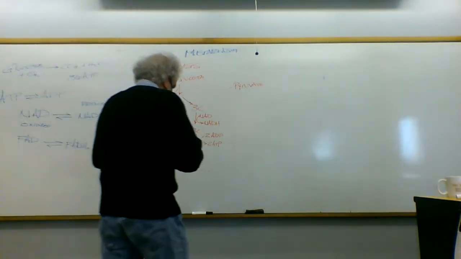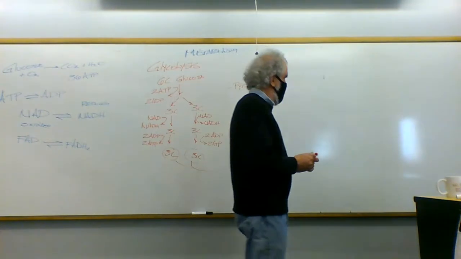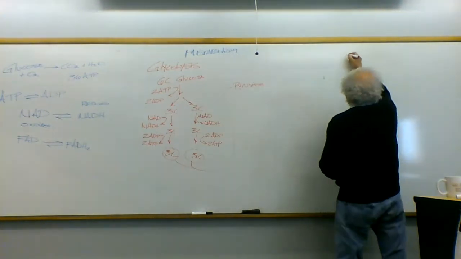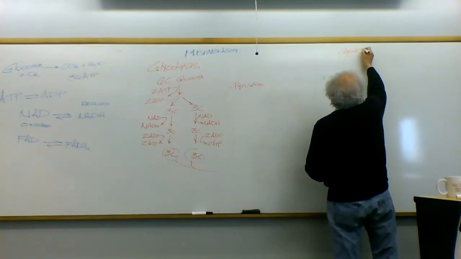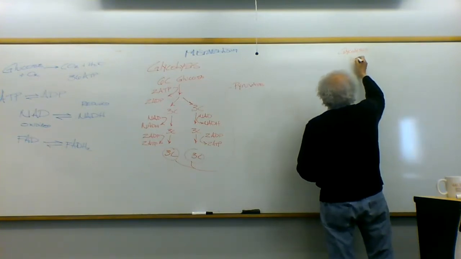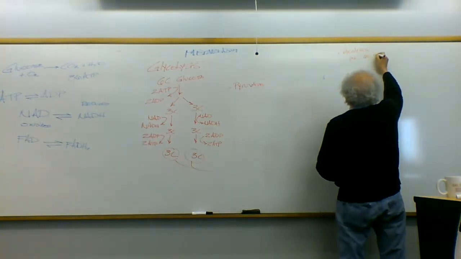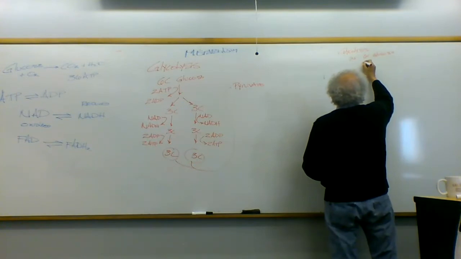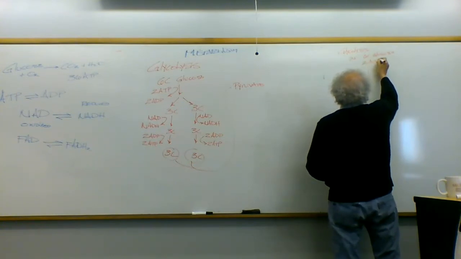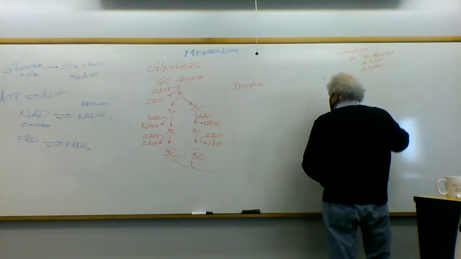If we sort of have our tote board, which we'll use over here, we can say this: glycolysis, what goes in is the 6-carbon glucose, and we have to have 2 ATP, 2 NAD.